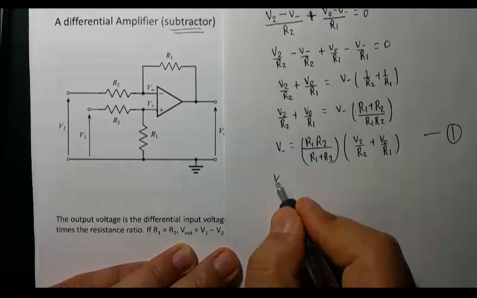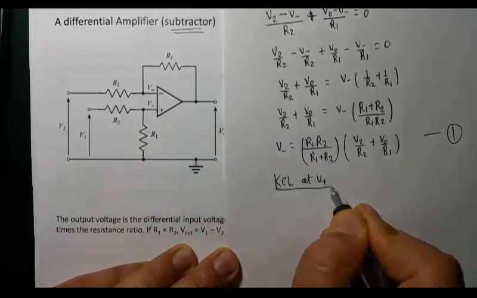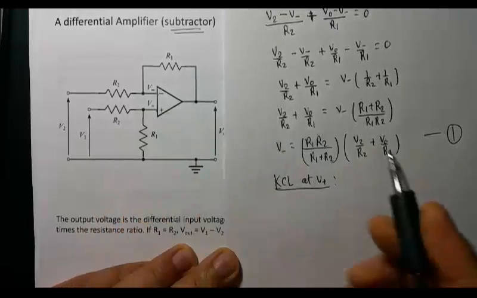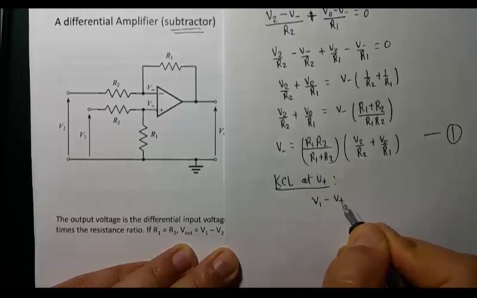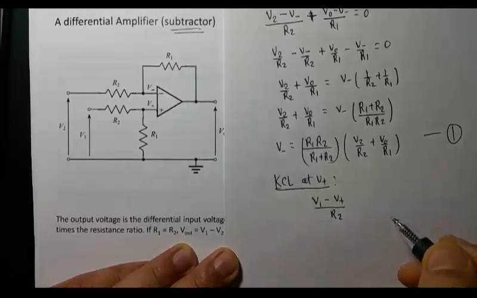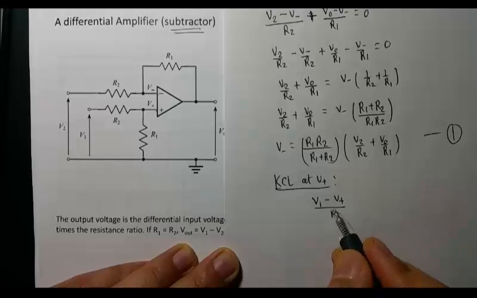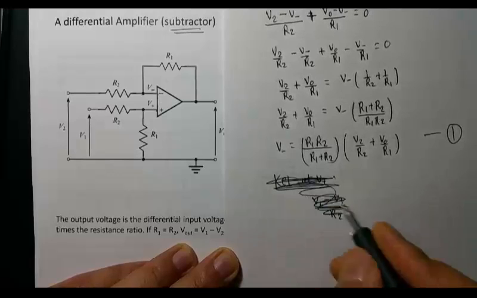And again apply KCL at V plus right here. So do the same math. So you have V1 minus V plus divided by R2, right? No, I'm sorry, you don't need to do KCL here. So you just use the voltage divider. I'm sorry.